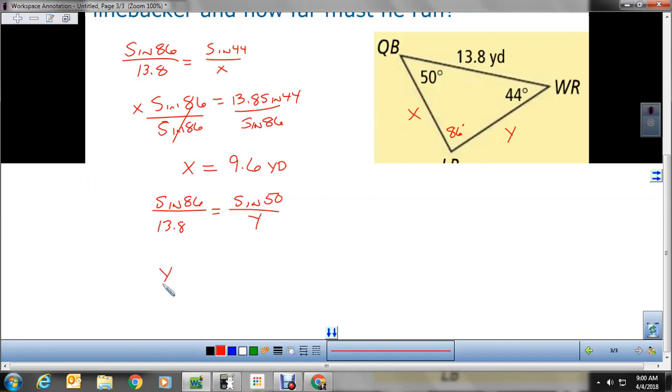So y is going to be equal to, using the same pattern, 13.8 sine of 50 divided by the sine of 86. As we calculate that value, we get approximately 10.6 yards. So we knew it was closer, but it's 9.6 yards to 10.6 yards, so it's a yard closer.